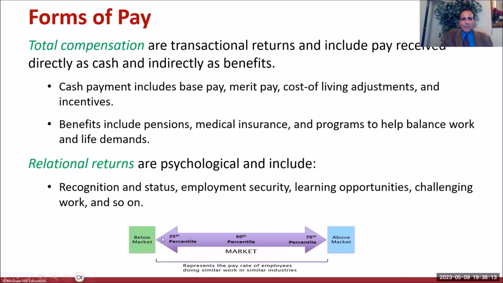And then there are relational returns, which are psychological. They can include recognition and status, security of employment, development and learning opportunities, the fact that we're being challenged to continue researching or coming up with new ways of completing our jobs, and so on.